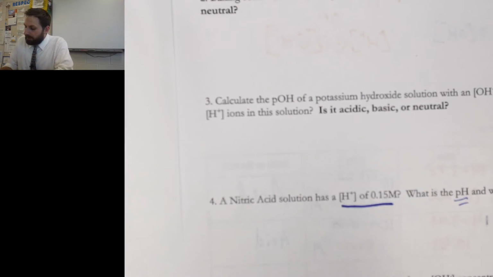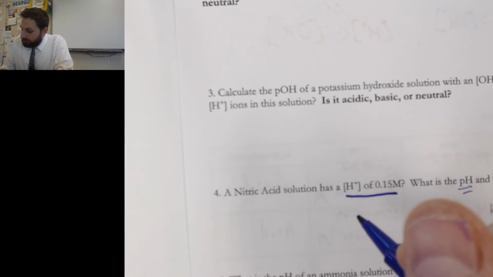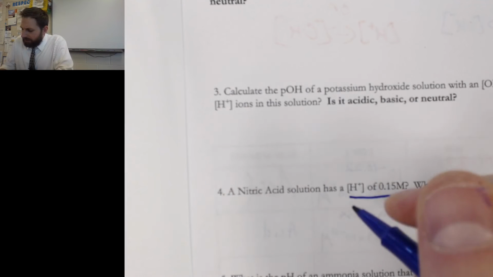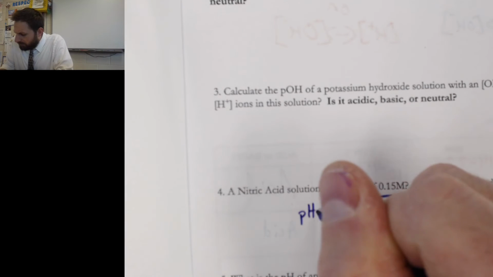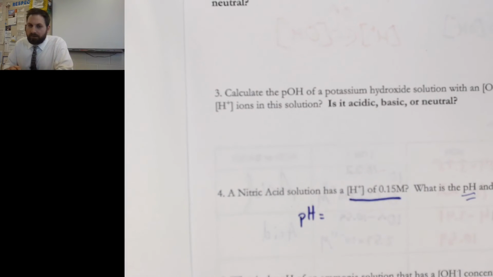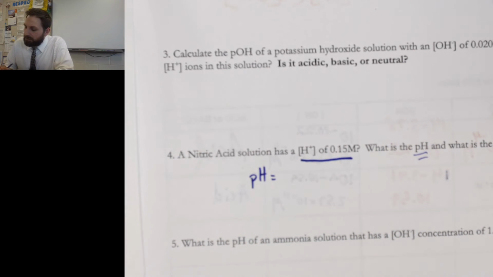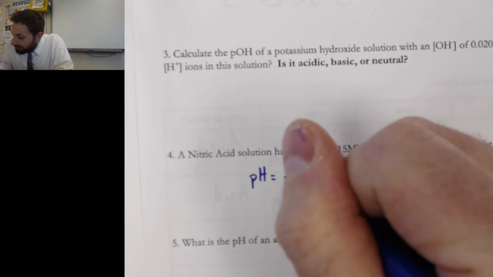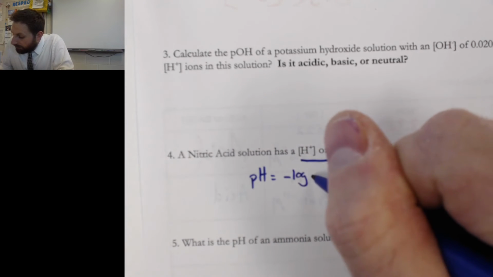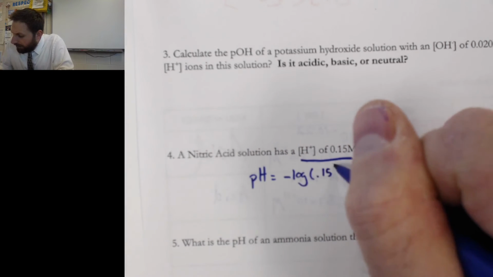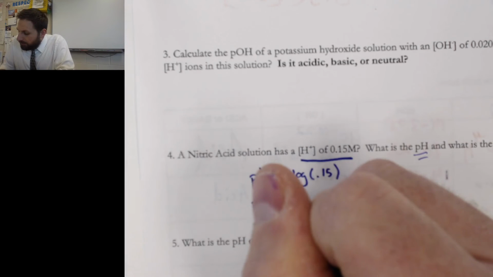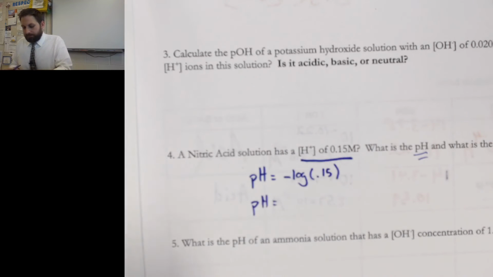Back to the back. All right, so what was that? 10 to the or negative? Well, man. So good thing for you guys, you don't have to memorize these equations, but you do need to know how to use them. It's negative log of that number, 0.15. Type it in your calculator.